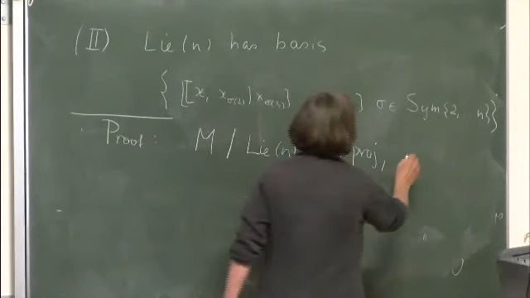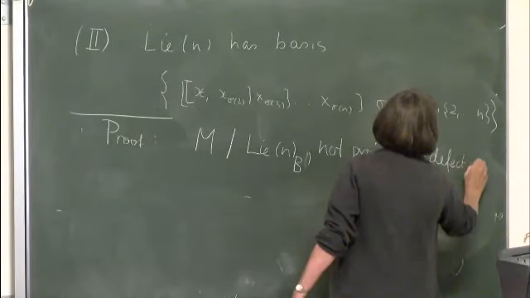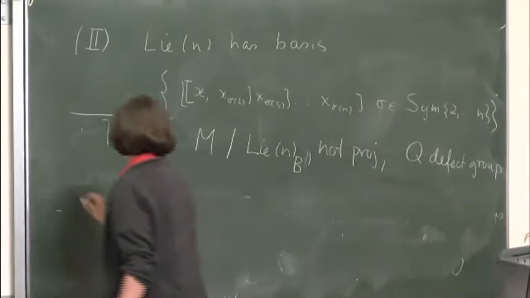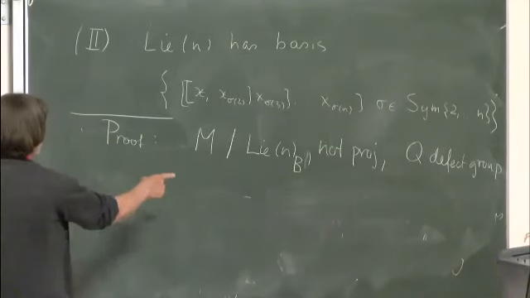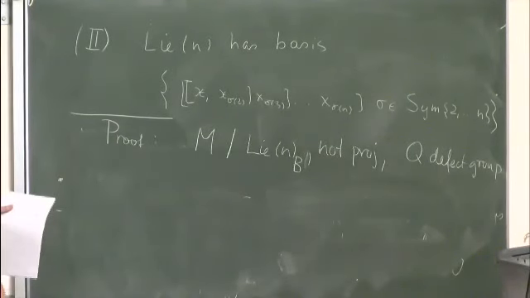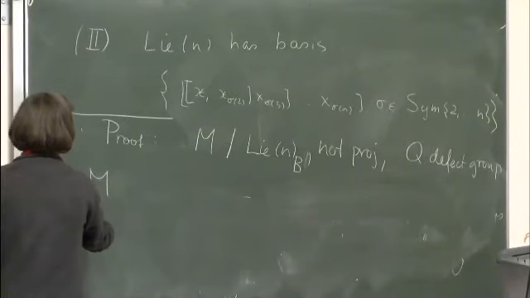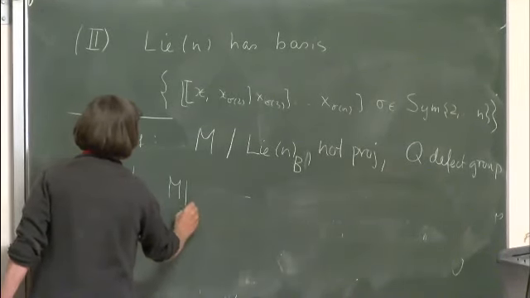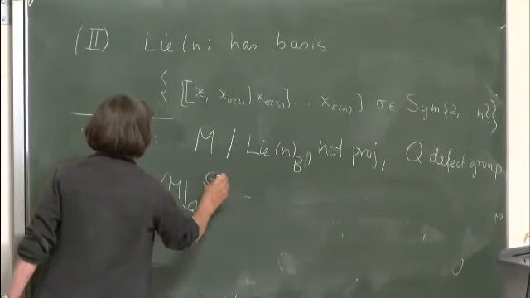So Q is the defect group. You don't really need to know much about it. You just need to know that M is relative projective with respect to this defect group. So M is a summand of, if you restrict to Q and then you induce up again to Sn.